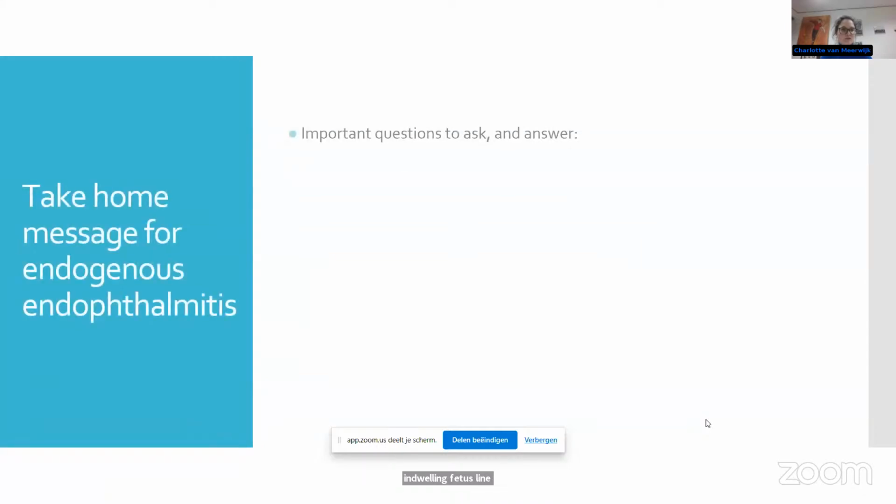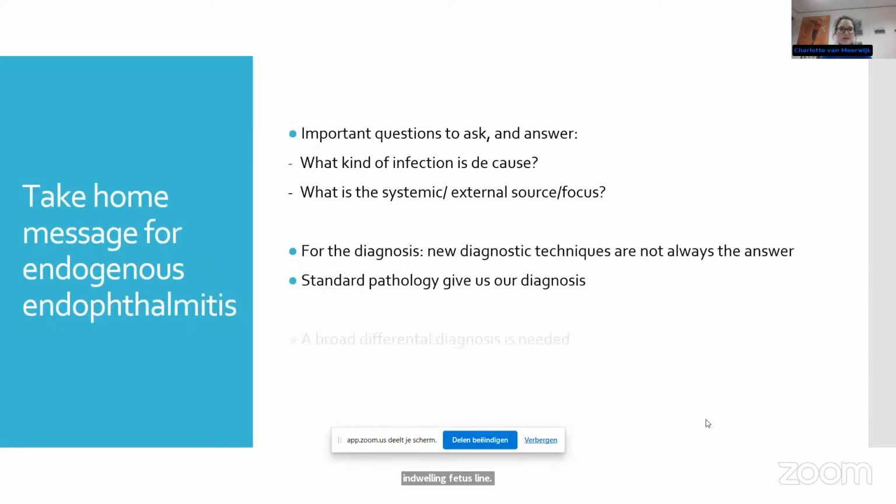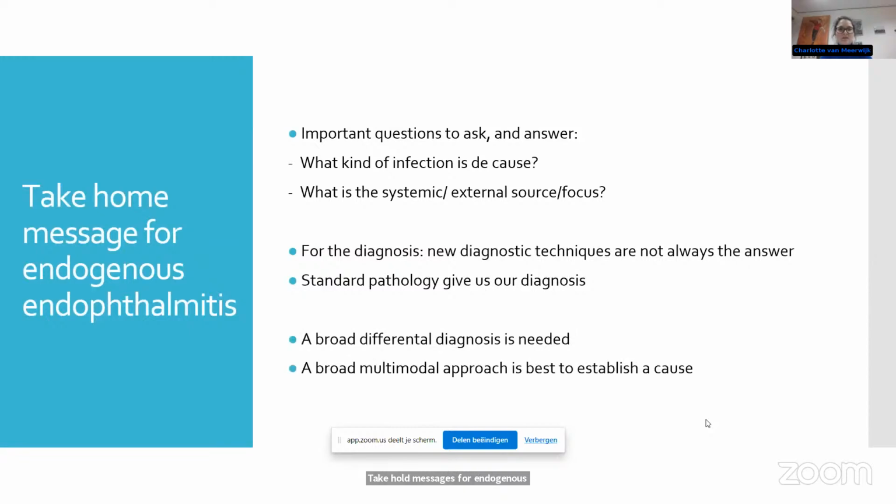Our take-home messages for endogenous endophthalmitis: it's very important to ask and try to answer the question, what kind of infection is the cause, and what is the systemic or external source of the infection.